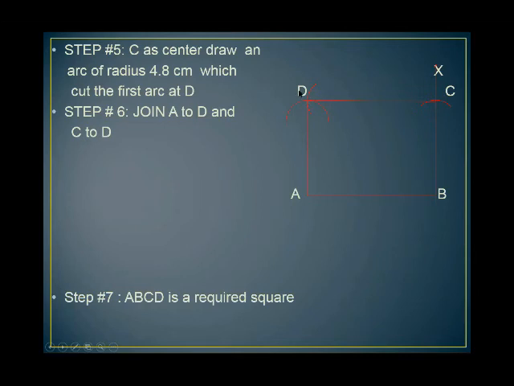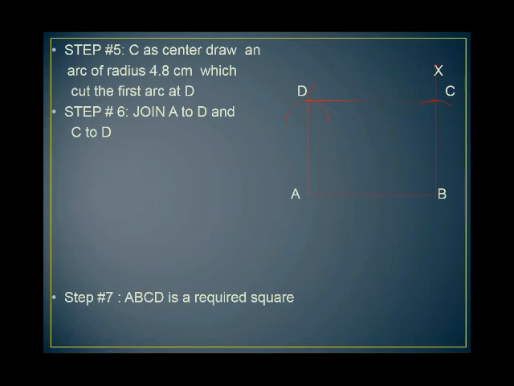That point is named D. And now join D to C and D to A. So that's how we get a square which is ABCD. Okay. So this is the whole construction of a square of case 1, when the measure of its sides is given.